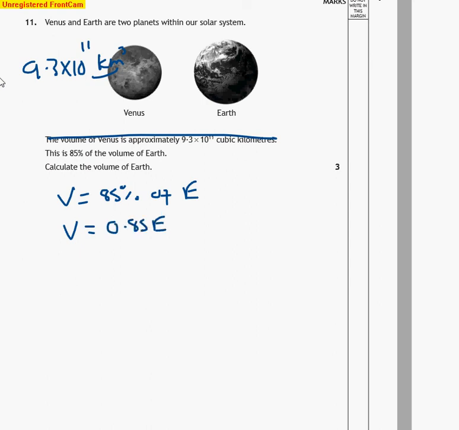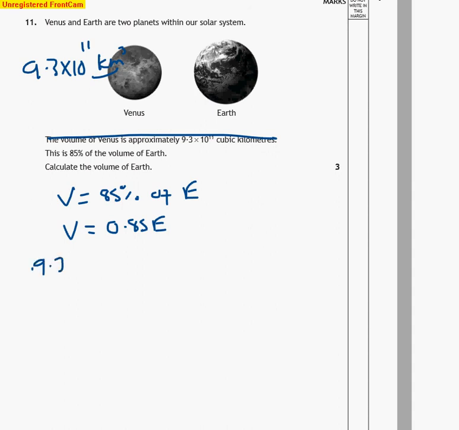So we could do something like this, but I think the best way to do it is to do a formula. So we're running out of time. We're saying that Venus is equal to 0.85 of Earth. So we know what Venus is.